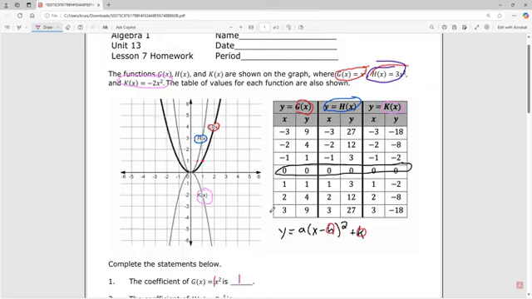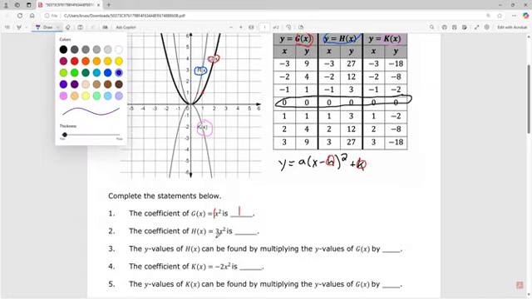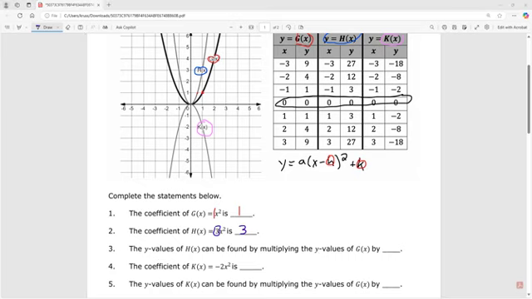So the coefficient of h of x, which is my blue one, is 2, or excuse me, it's 3. The coefficient is 3. And then the y values of h of x can be found by multiplying the y values of g sub x. Well, let's evaluate that. It's asking me to look at my y values of my blue and my red equations and find the multiple difference between this one and this one.